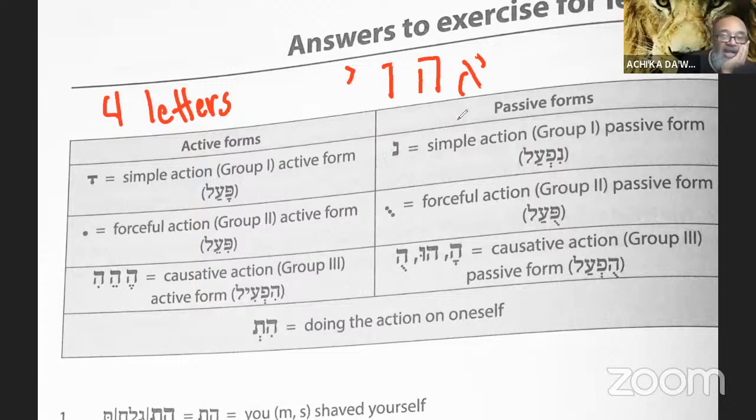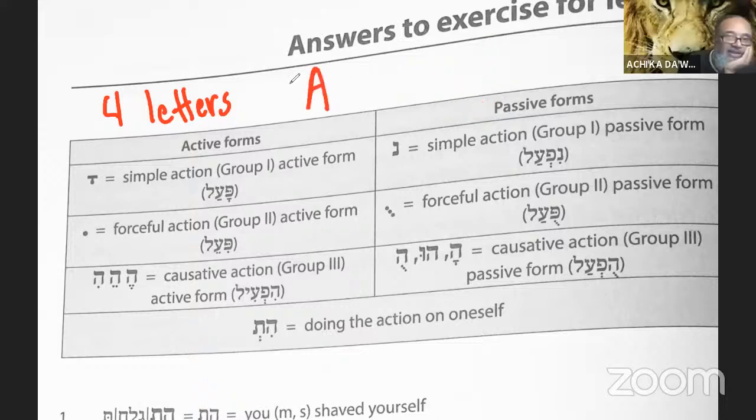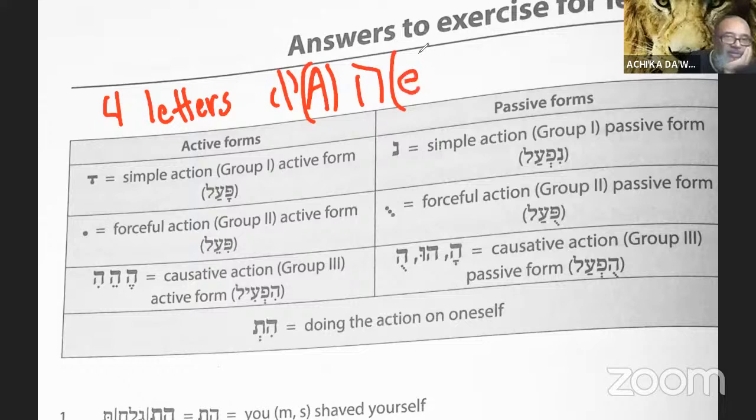All right. And what I want to tell you about the aleph, you can take a guess. What vowel does that represent? A. A, okay. So let's get it out the deal. A is this. Okay. And aleph. Letter hay. What vowel? E. Perfect. E. Okay.